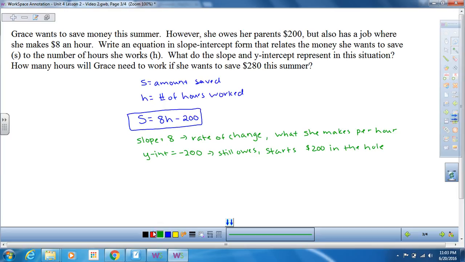Okay. Next question. How many hours will Grace need to work if she wants to save $280 this summer? So that's what she wants to save, so that's going to go in for S. And then I just have to solve. So let's add 200 to both sides.